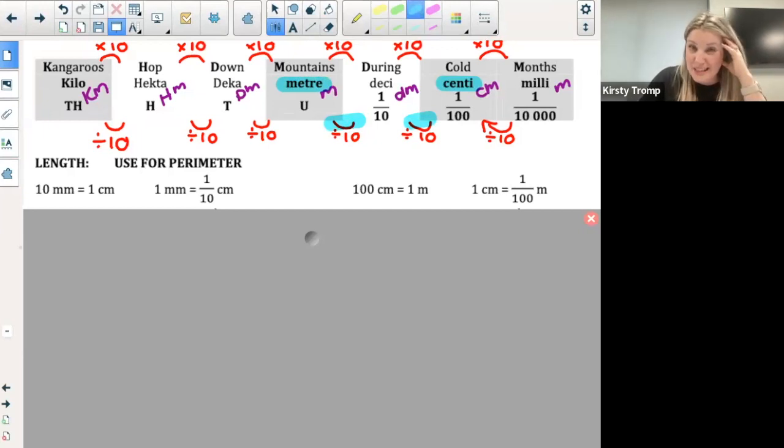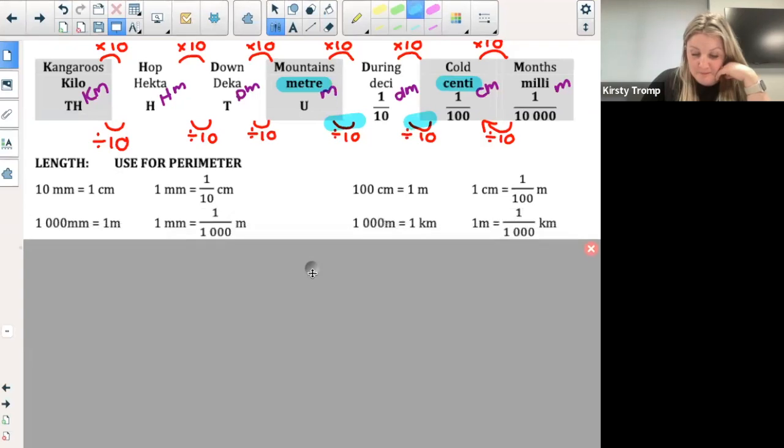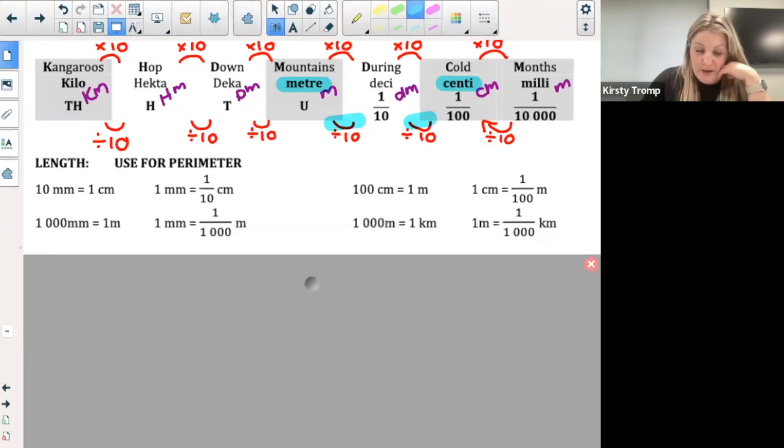So 100 centimeters divided by 100 is going to give me 1 meter. And if I have 1 centimeter and I divide it by 100, it's going to give me 1 over 100 meters.